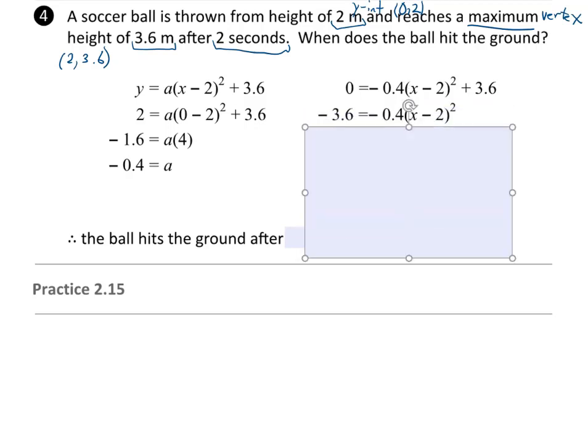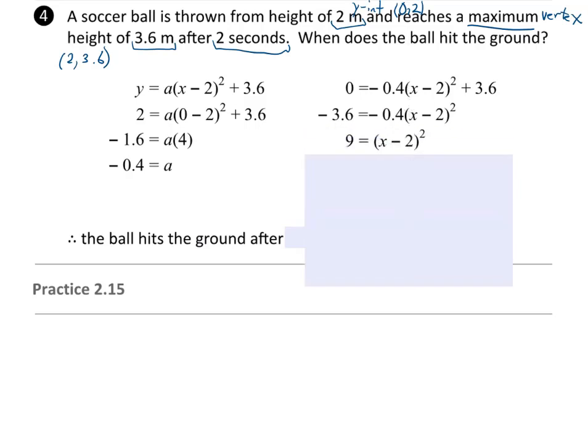Then we're going to divide both sides by negative 0.4. And now we're left with 9 is equal to this square here. These are both square numbers, so we can take the square root of them. If we take the square root of this, we should get plus minus 3 is equal to x minus 2.